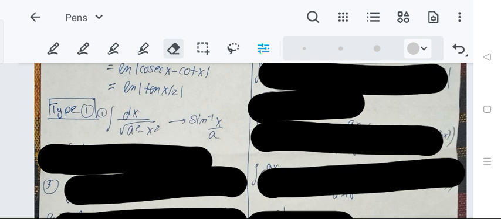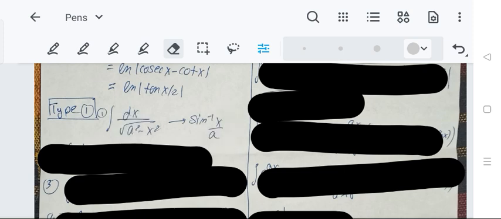Now we will discuss some types of specific integration. If the integration of dx upon root of a square minus x square, with a replaced by 1, becomes sine inverse x. Now in place of 1 you have to just put a and divide by a.